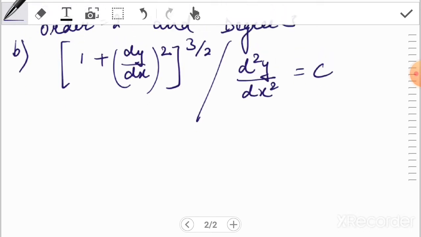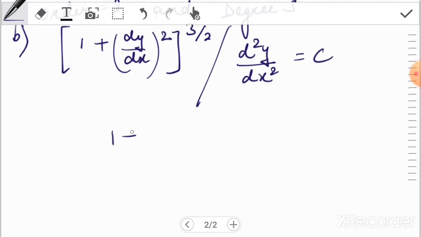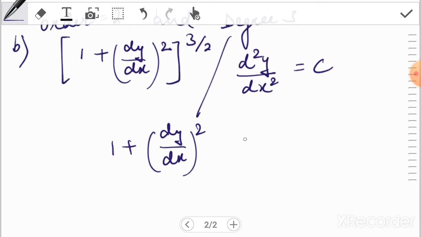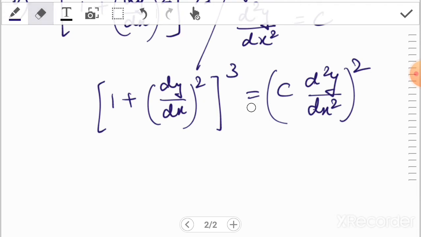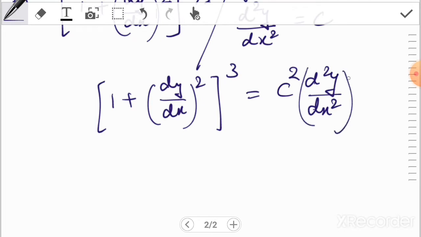So this can be written as 1 plus (dy by dx) whole square, taking this to the right hand side, multiplied with c, d square y by dx square, and then taking power 2 on the right hand side, this will be c square and (d square y by dx square) whole square.